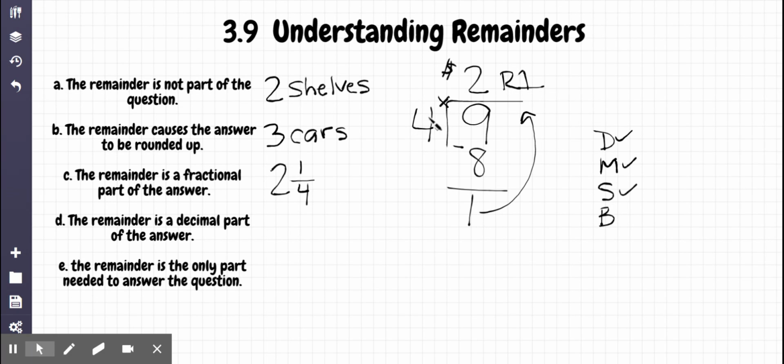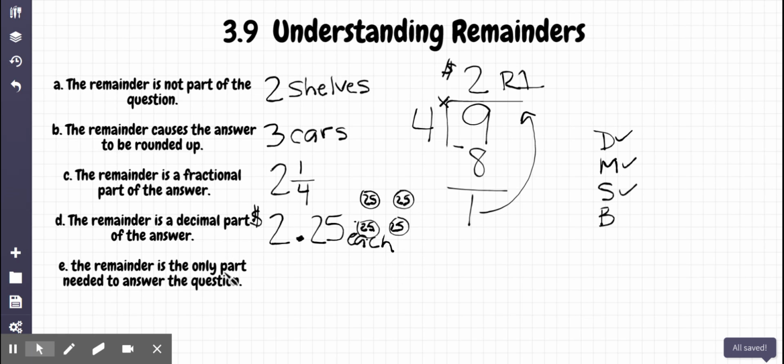And 1/4. So this is going to be 1/4 of a dollar. 1/4 of a dollar is 25 cents, right? Because 4 25s equal $1. So this would be $2.25 each.